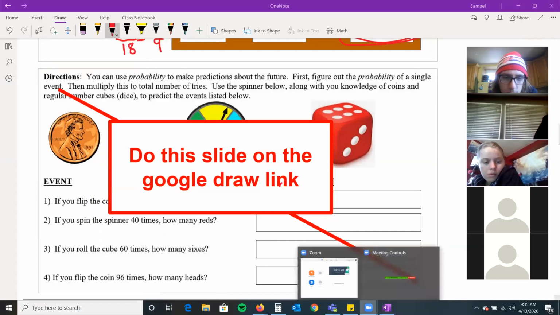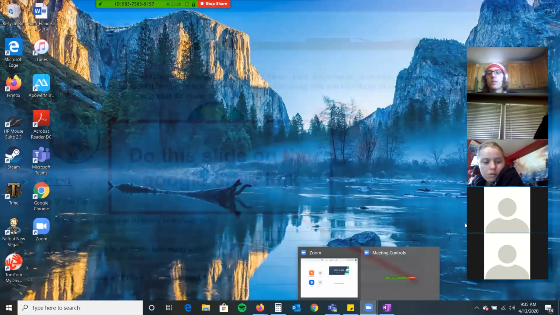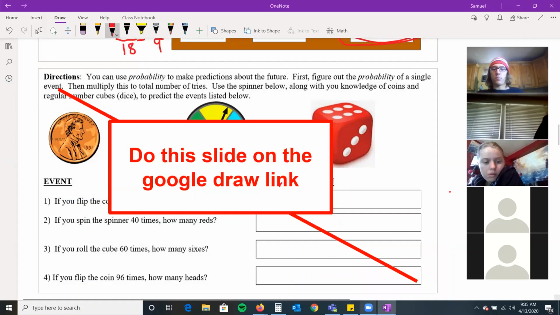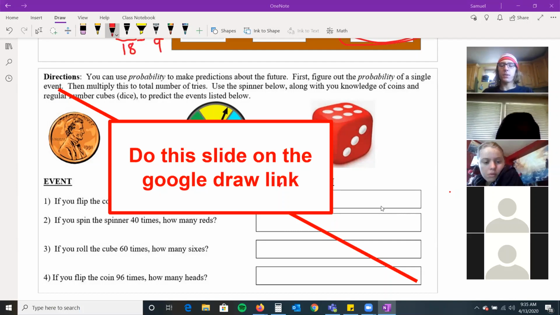What do you think? You flip a coin 200 times, what do you predict the number of heads will be? Okay, I've got one answer, good. Who else? A couple more. Again, if you're filling it out on your Google Draw, that's exactly what you should be doing. Once you get your answer, you can post it in the chat.